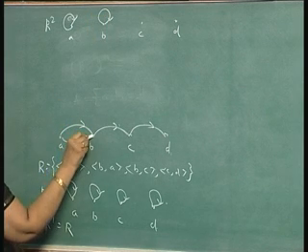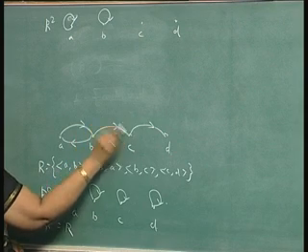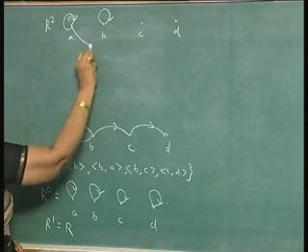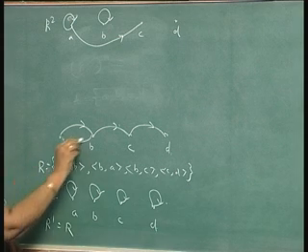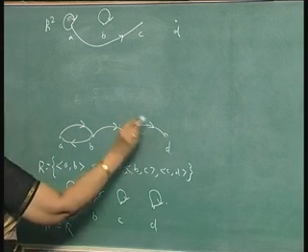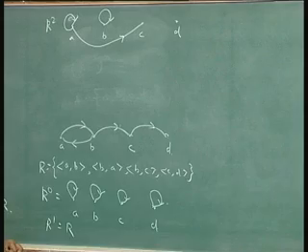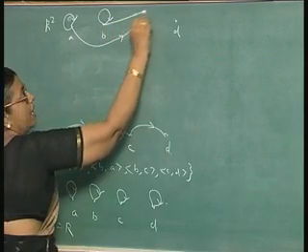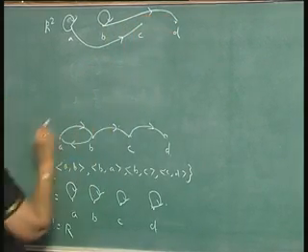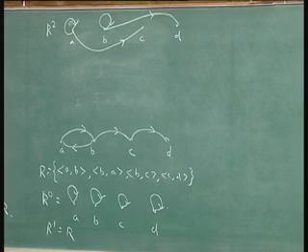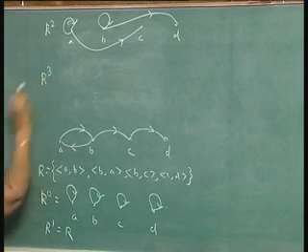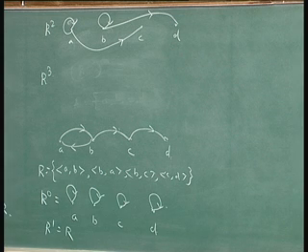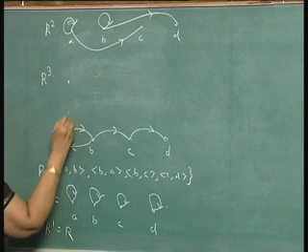And A to B, B to C is there. So, A to C, there will be an arc. B to C, C to D, there is an arc. So, B to D, there will be an arc. This is R squared. Then R cubed will consist of all paths of length 3 replaced by a single arc.